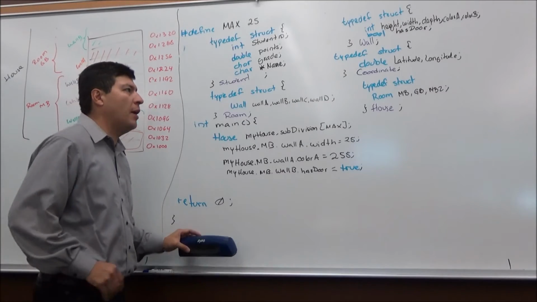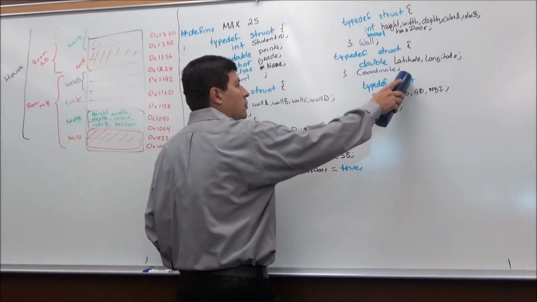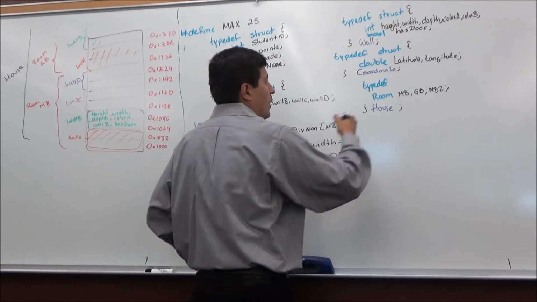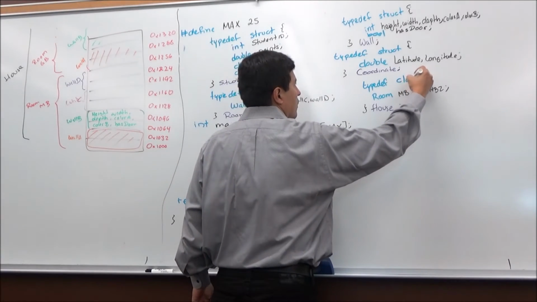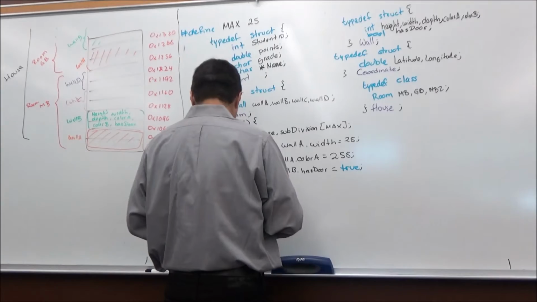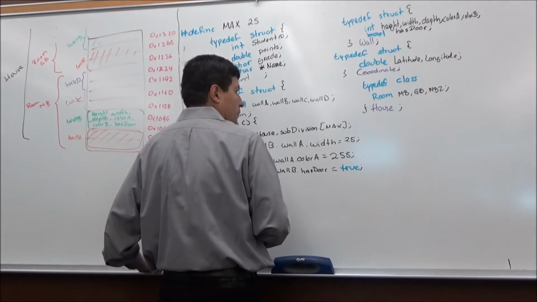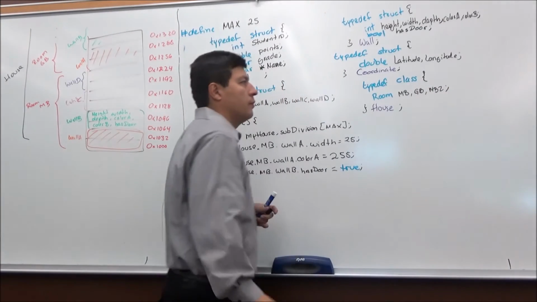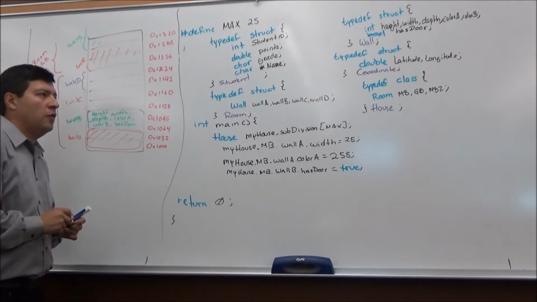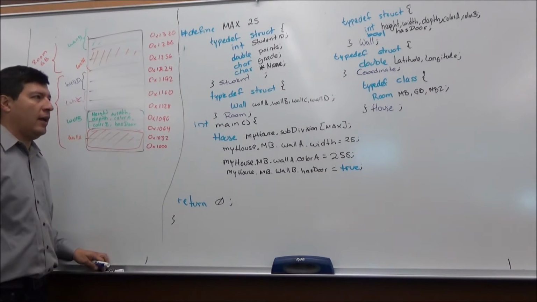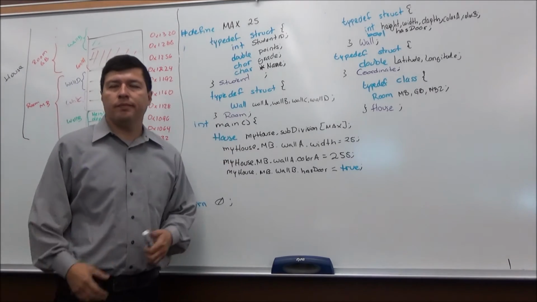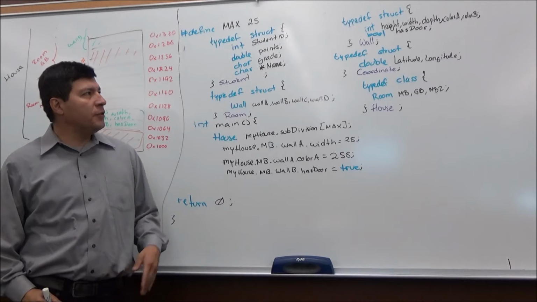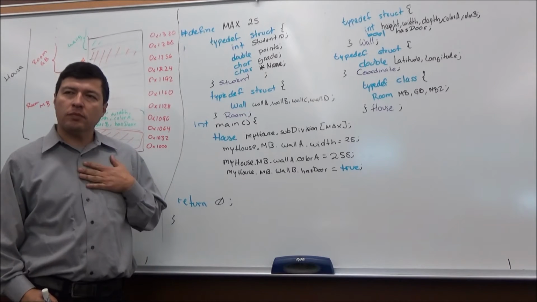Well, there's another type that's called class. If you change that, it's going to give you an error. It's going to say, I cannot see the master bedroom. You're like, why? What's the difference between a structure and a class?